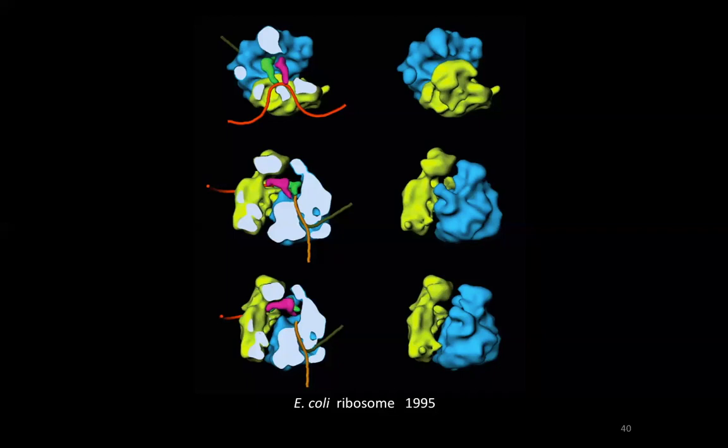Around that time, maybe already in the beginning of the 90s, I thought that I could really make significant contributions to the ribosome structure, as well as the understanding of the progress of translation.